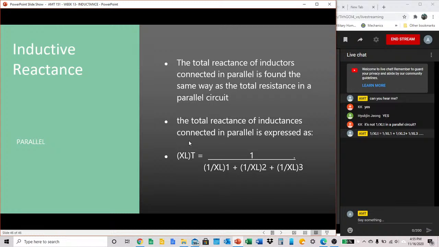The difference being that the formula I typed in the chat, at the end of factoring all of this out, you will still need to transfer over the 1 on top of your inductive reactance total.